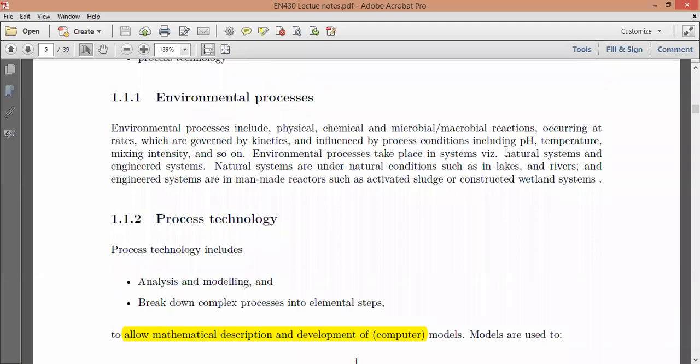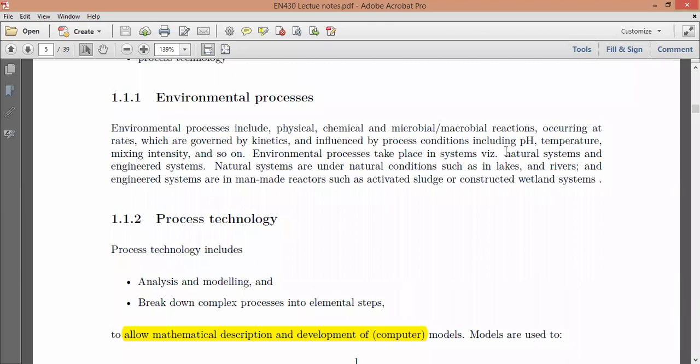All right. So one thing worth noting is that these systems occur in some kind of container. When we looked at eutrophication and the photosynthesis of aquatic plants, everything is contained in a river. That's where the system is happening.